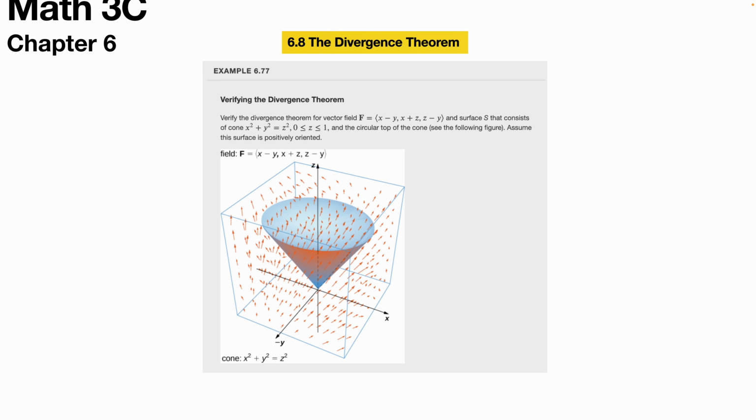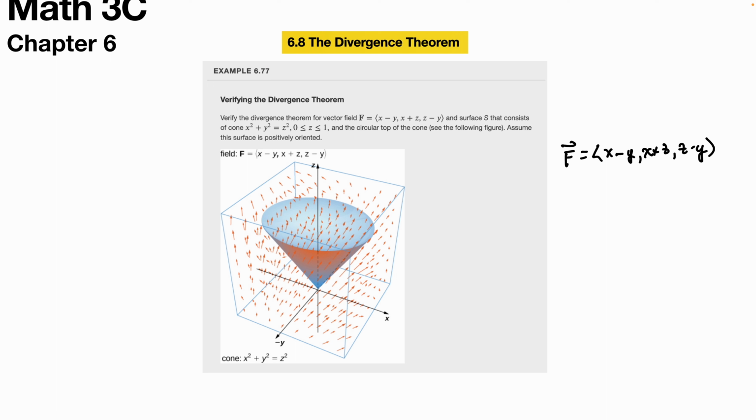Okay, so let's play around with it a little bit. Walk through this example where they verify, meaning that they look at an interior integral and a boundary integral. So we need the vector field, and the vector field that they give us is x minus y, comma, x plus z, comma, z minus y.